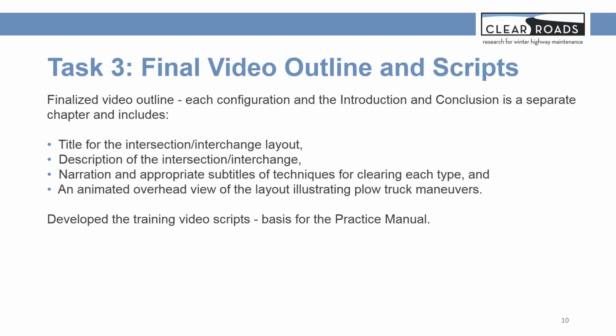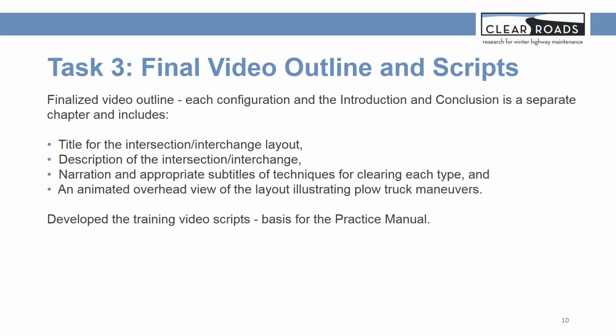After those best practices were identified, task 3 will be developing the final video outlines and scripts. The outline of the video includes 12 chapters. Each configuration will be one chapter, plus one introduction and one conclusion.